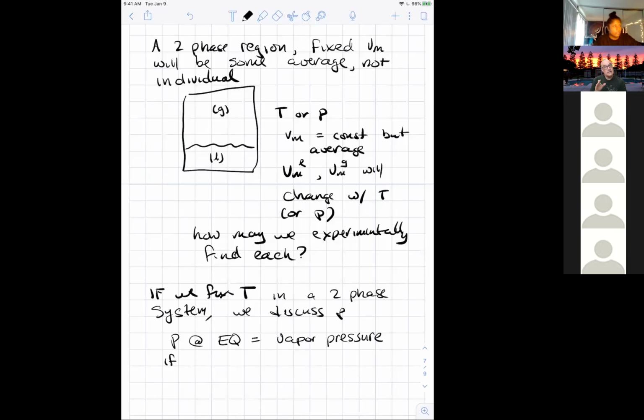Now, this is whether the condensed phase, we have a two-phase system, one of them is a gas, the condensed phase can be solid or liquid. Technically, whether the condensed phase is solid or liquid, the pressure is called the vapor pressure. But if the phase is solid, it's also called the sublimation pressure, right?